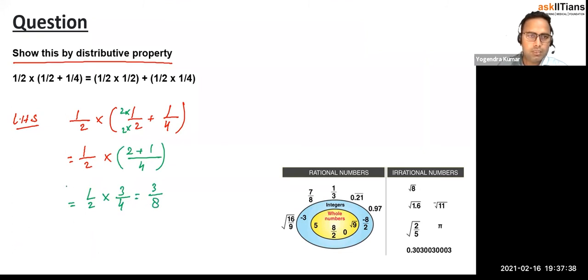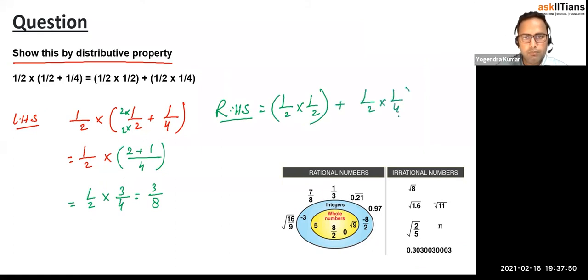LHS is this. Now RHS is 1 by 2 into 1 by 2 plus 1 by 2 into 1 by 4. So what do we have here? Now this is 1 by 4 and this is 1 by 8. You can see it gets multiplied like that. Now here we need to make the LCM same, so 2 I need to multiply. Now LCM is same, so 3 divided by 8.